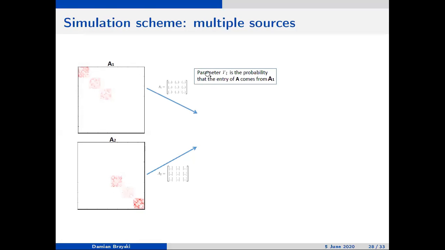We consider the parameter RT, the probability that an entry of the final adjacency matrix comes from the first one. So for example, this is the first matrix, this is the second matrix. We wanted to have something like so.